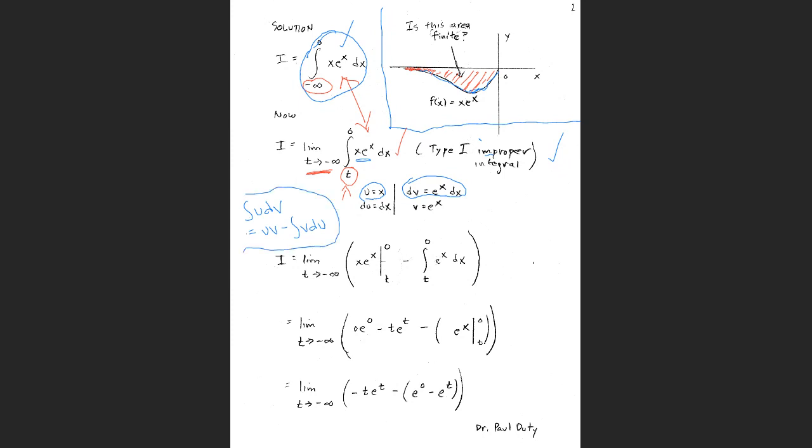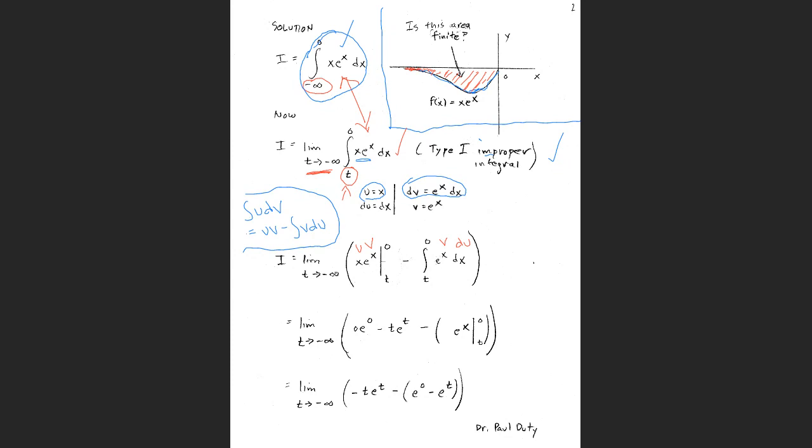Okay, and so it comes up here. So we got our u times v minus the integral of v du. And of course, I keep the limits. It's from t to 0. I know I'm going to call them limits, and that's fine.